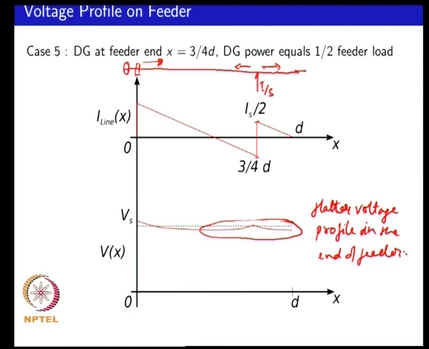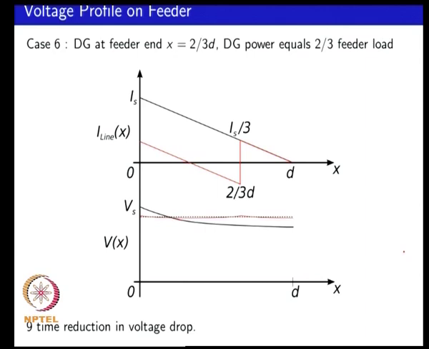And then you would see that if you have a DG unit which is 2/3 of the rating of the feeder power, at the 2/3 power level, located 2/3 of the distance away from the feeder, then essentially you will end up with a voltage profile which is quite flat.